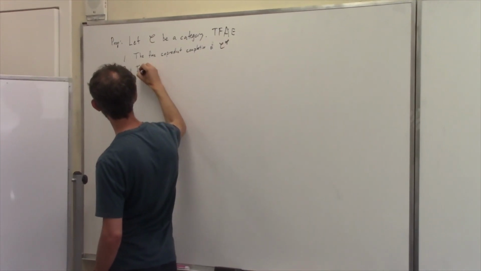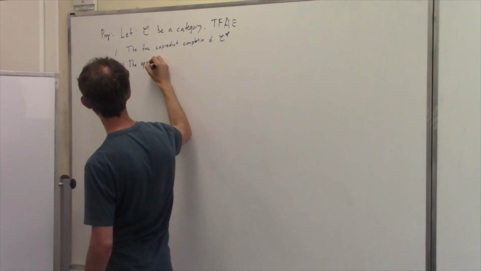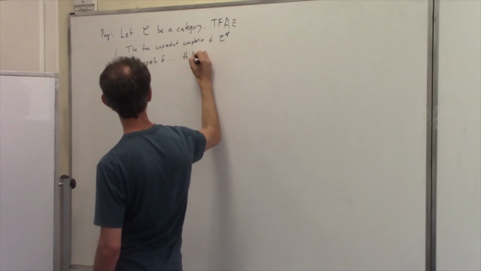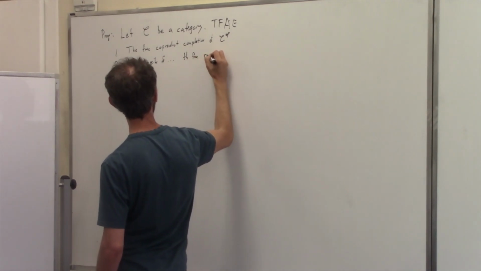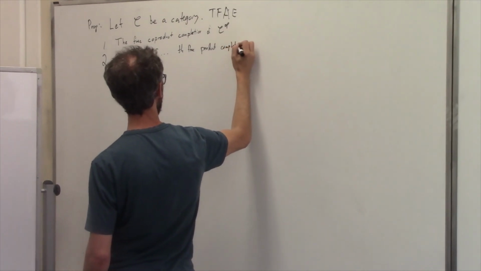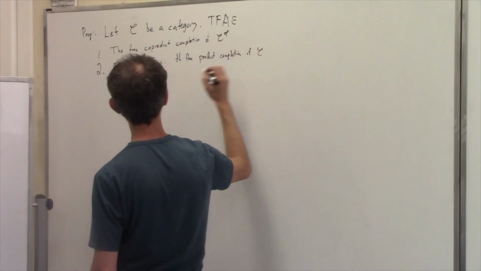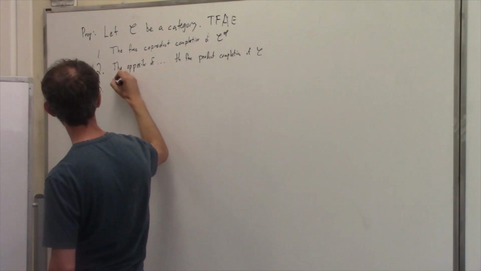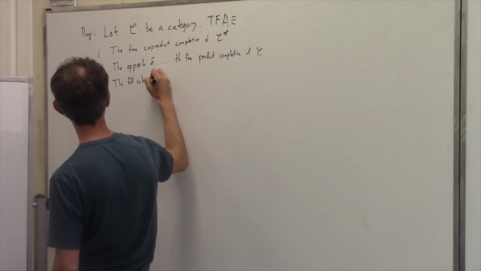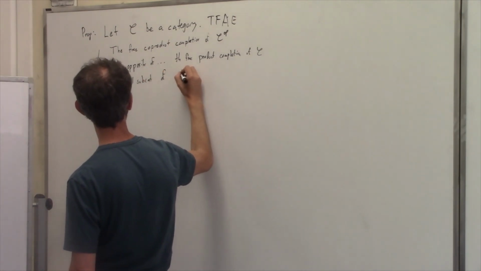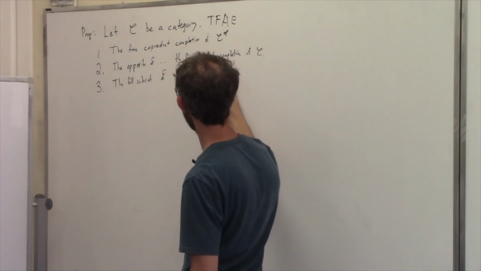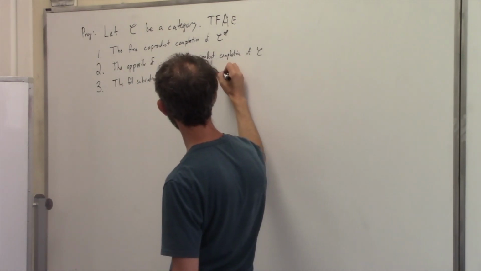2, the opposite of the free product completion of C. 3, the full subcategory of Set^C, functors from C to Set, spanned by coproducts of representables.